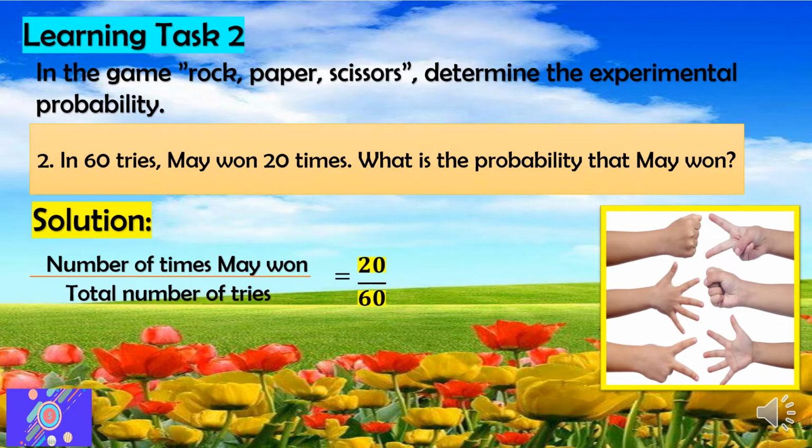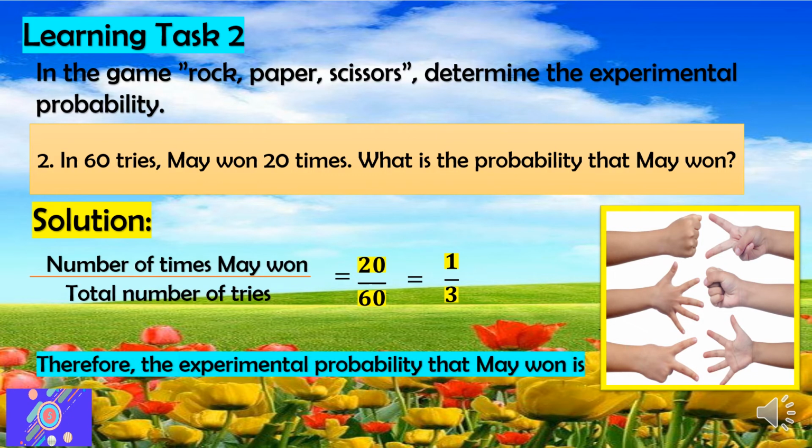So yun kasi yung sa 60 tries, nanalo si May ng 20 times. So, i-lowest term natin, so that is equivalent to 1/3. 20 divided by 20, that is 1. And 60 divided by 20, that is 3. So, therefore, the experimental probability that May won is 1/3.